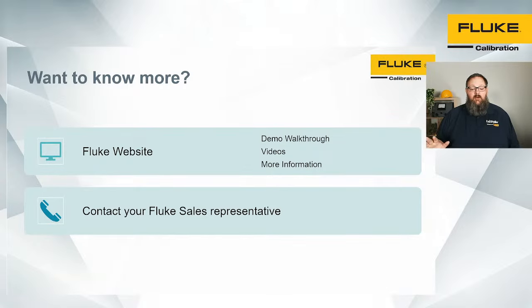There are videos like the one we showed on Optical, and additional information, articles, building out that structure around what CalStudio does for you. If you want to learn more, there's a link there to reach out to sales, or you can reach out to the person you typically work with on the Fluke sales side, and they can set up a meeting to go through CalStudio more in depth with you.